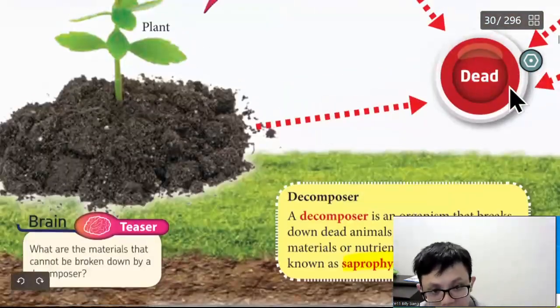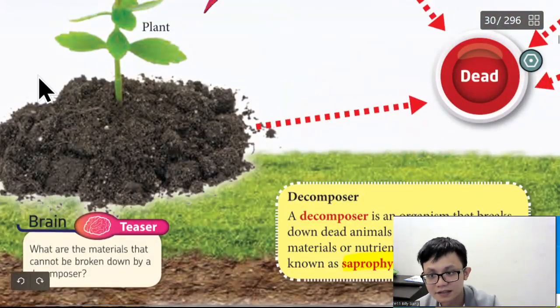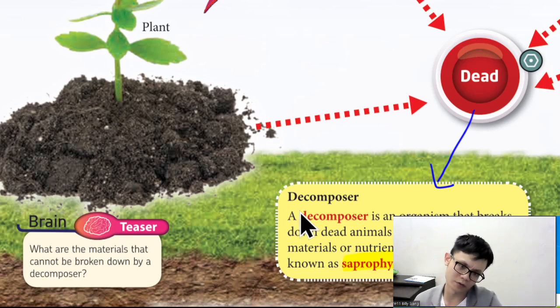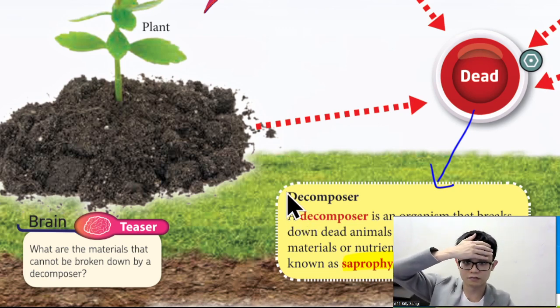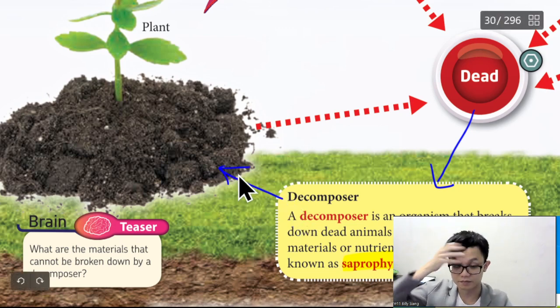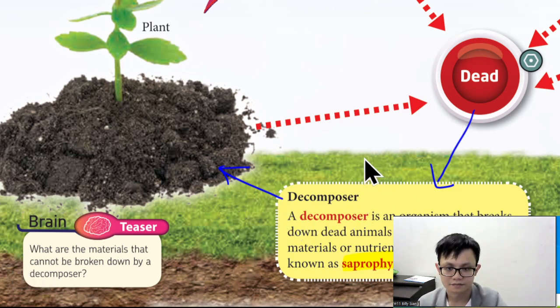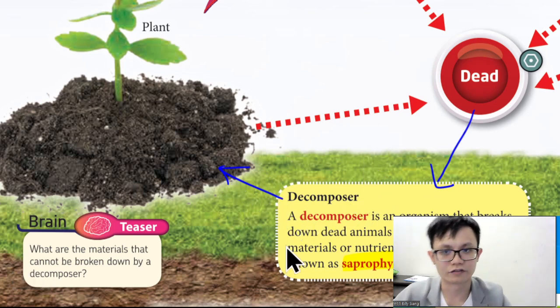And basically they should draw an arrow here, that then goes to decomposer, and decomposer will help the plant. Oh yeah, now I know why they don't want to draw the arrow.